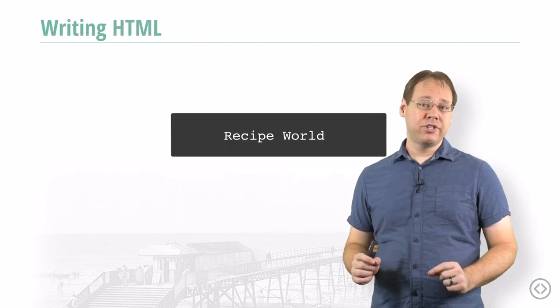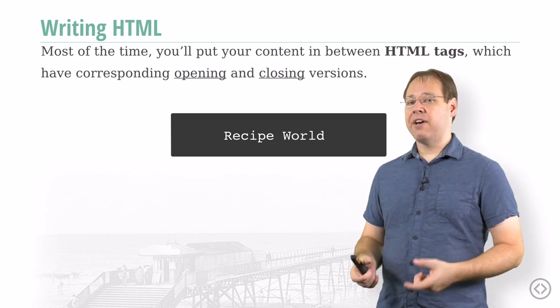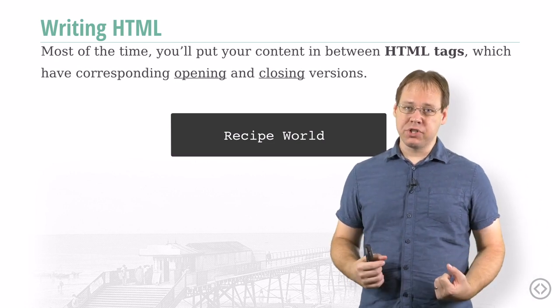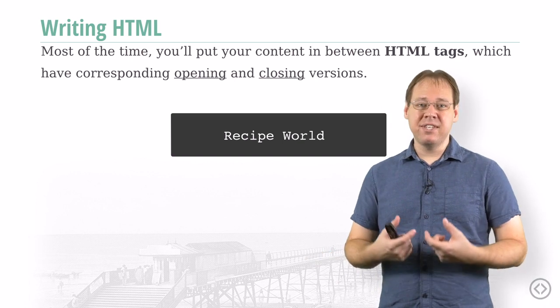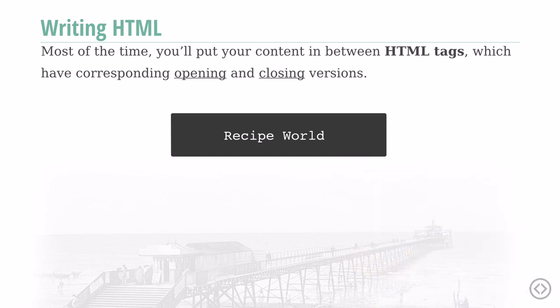The way you write HTML is with something called a tag. And most tags have opening and closing versions, and content goes in between those opening and closing tags. Here we've put some content, which is the title of the page, Recipe World, inside of an H1 tag.